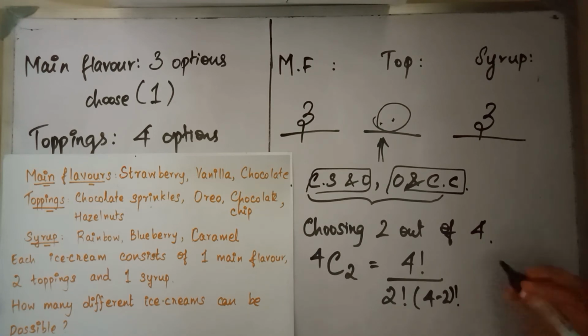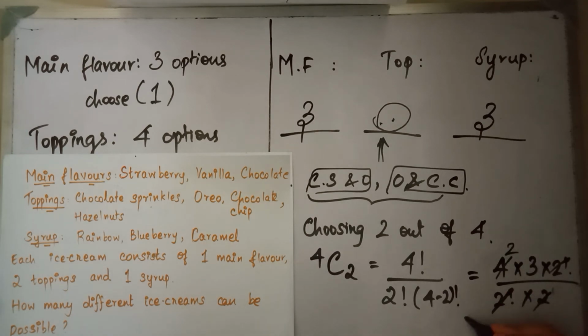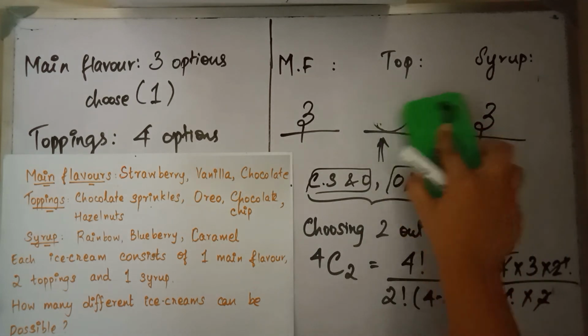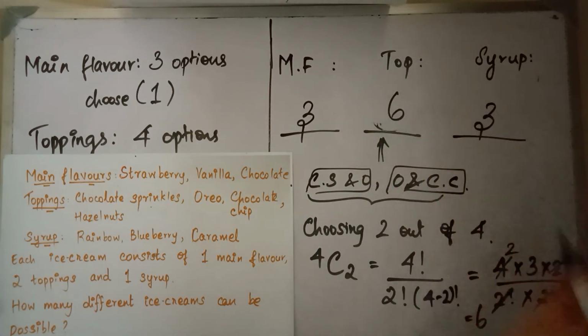This gives us 4 factorial over 2 factorial times 2 factorial. Two factorial is actually 2. So we have 6. So this is equal to 6. So we have 6 options over here.